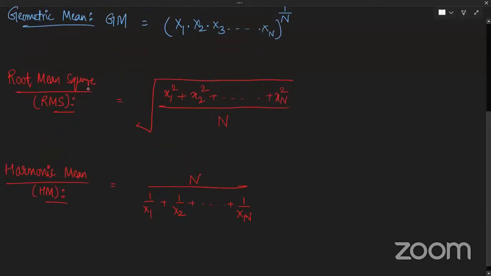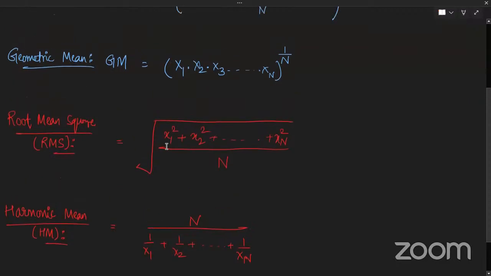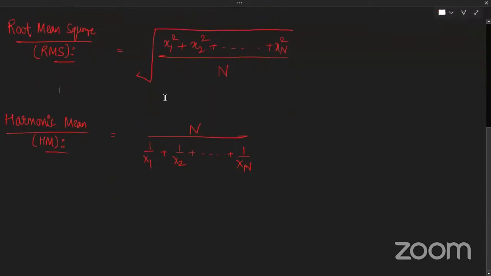What is important about these two is that they will be used in physics, when you will be learning states of matter, and in chemistry also, states of matter. There you will be learning about root mean square speeds and all that. So during that time you will need this. Just remember it for namesake currently.